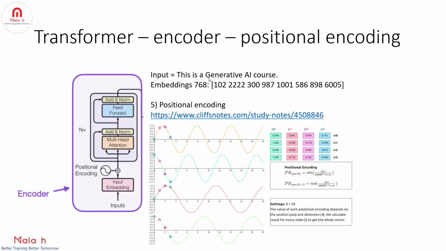So we need some continuous unique numbering system. If you use a plain index, it may not work, because with huge amounts of data this indexing might not work. So the solution they have given is to use sine and cosine functions to generate these positional encodings. That is, continuous unique numbering systems can be generated by using sine and cosine functions, right?